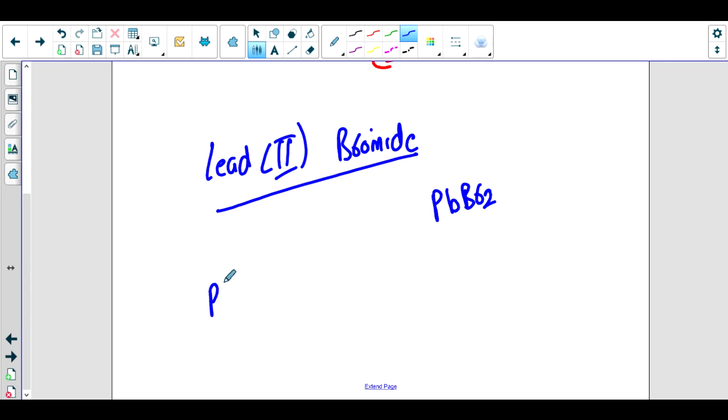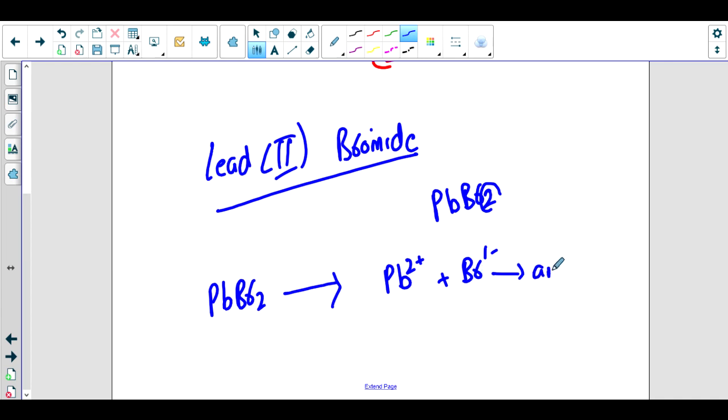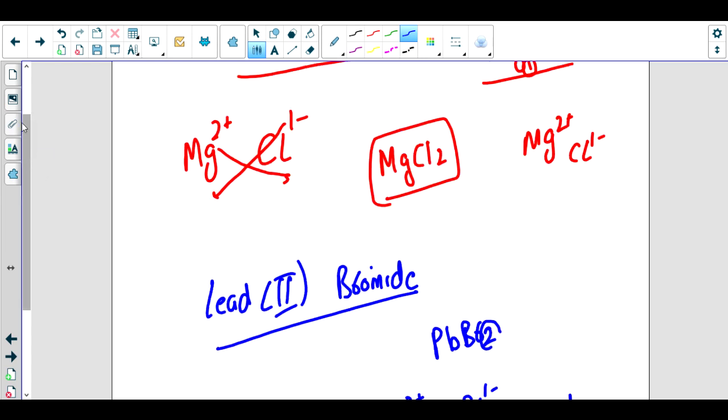You must need the ionic equation to continue, because one of them will go to the anode and one of them will go to the cathode. You see this is 2 here, so surely Pb is 2 plus, and this is 1 here, so surely it is Br 1 negative. Now this is a gas, it will surely go to the anode. This goes to anode and this goes to cathode. One goes to the anode, one goes to the cathode, and remaining is all same steps.